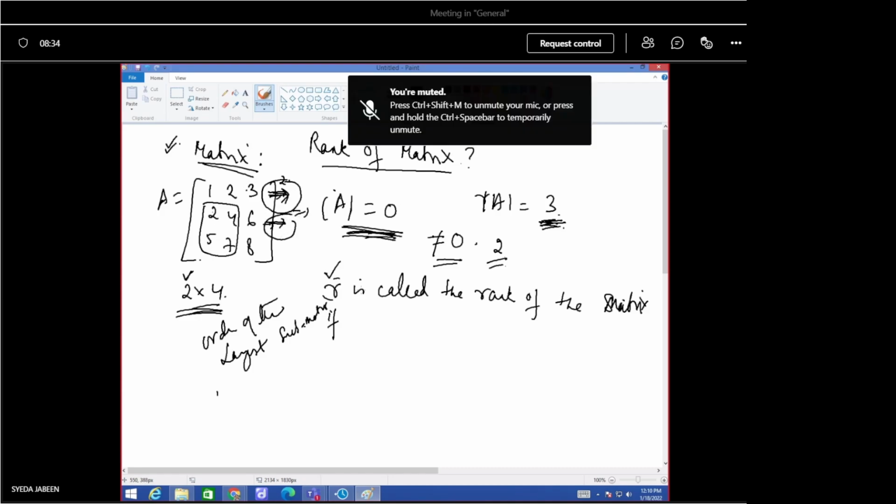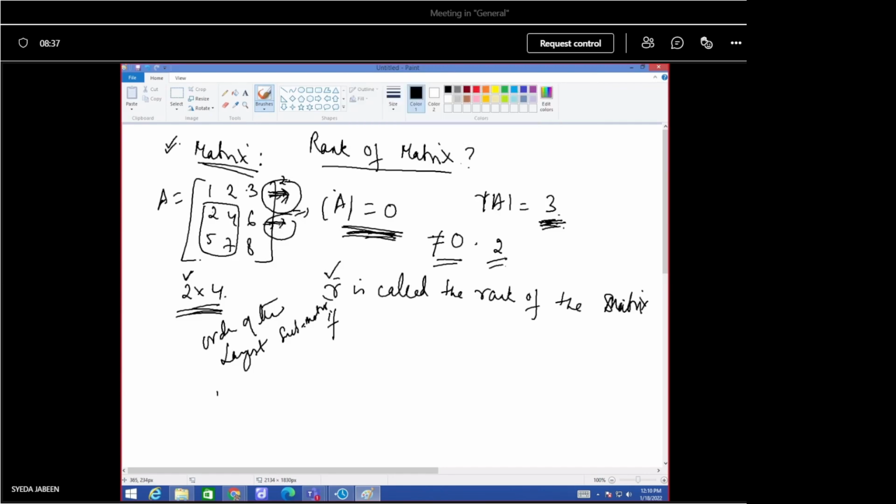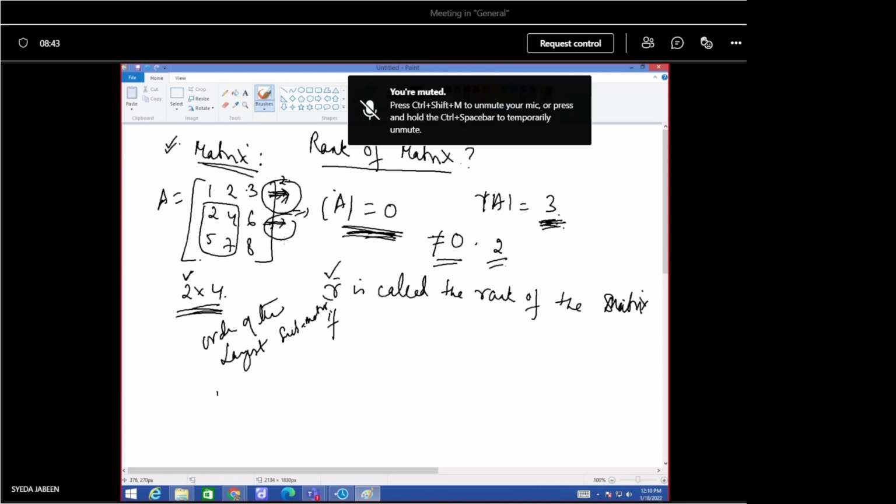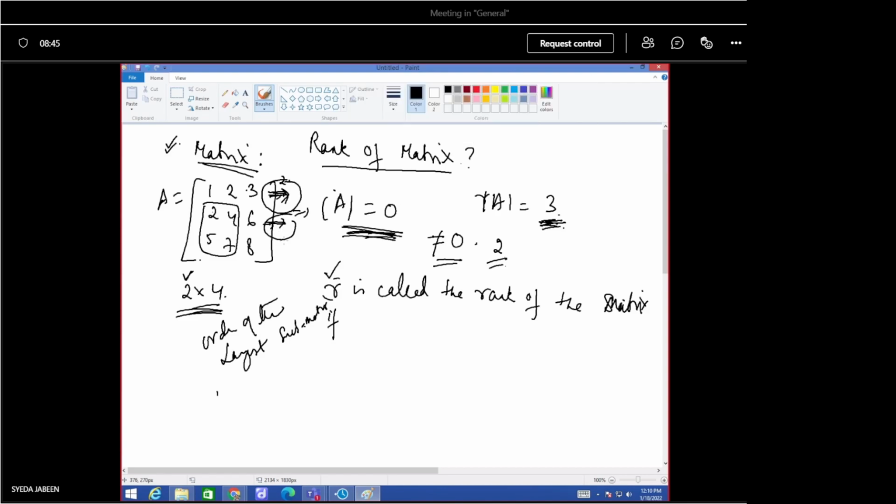So we can get the rank R as the number of linearly independent rows or columns that occur in the matrix. But the point is, if they are dependent, what will happen? Obviously, the determinant will be zero. When it is tending to determinant zero, that means the rank of the matrix cannot be equal to the order we have considered, which gave zero determinant, because they were linearly dependent.